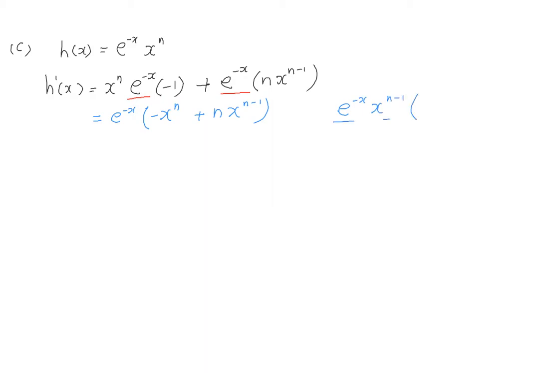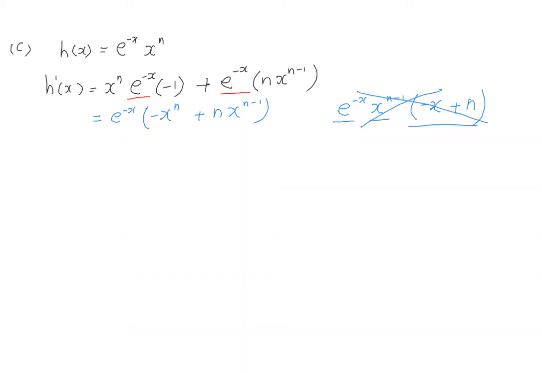That is not good. So I will leave it as a product of 2 functions before I go to the next one. This is not encouraged, because for product rule, we only use it for 2 functions.